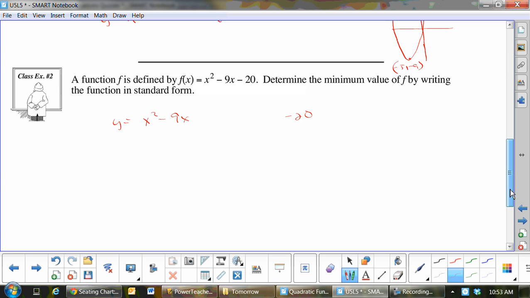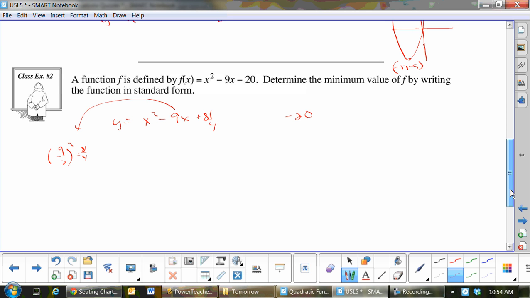Negative 9 divided by 2 is negative 9 over 2. What's negative 9 over 2 times negative 9 over 2? No, we don't want decimals. 81 over 4. Okay? So if you need to do this on the side, this is negative 9 over 2 squared, right? Which equals 81 over 4.